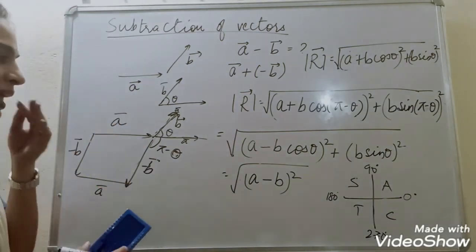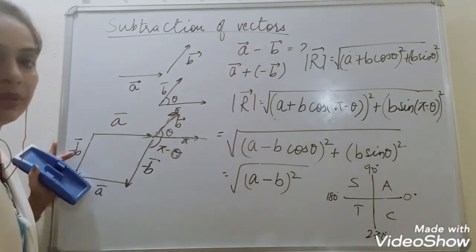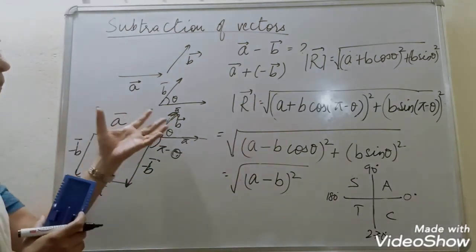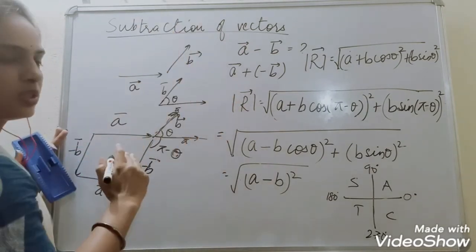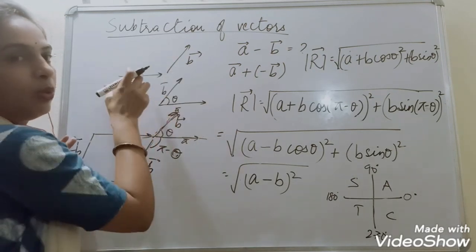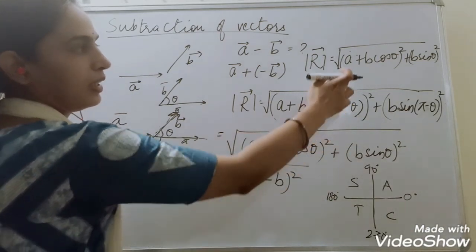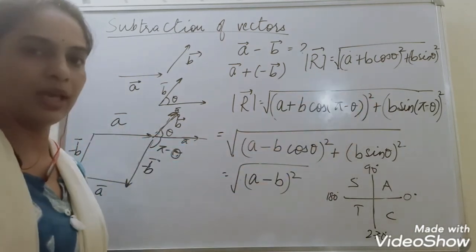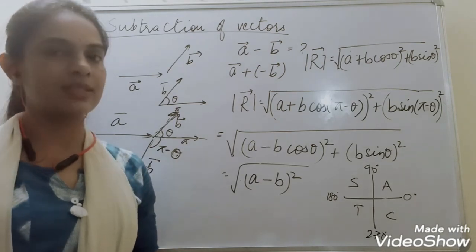So that is the resultant of A minus B. Simply, to subtract two vectors, take the opposite of that vector, then find the angle between A and minus B and substitute that in the formula in place of theta. So this is all about addition and subtraction of vectors. Thank you.